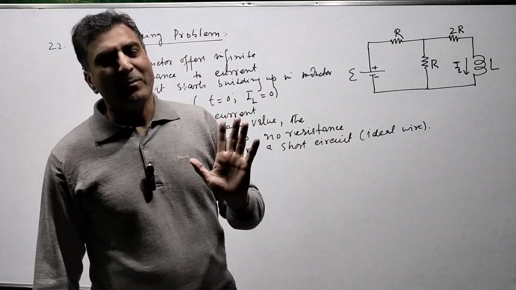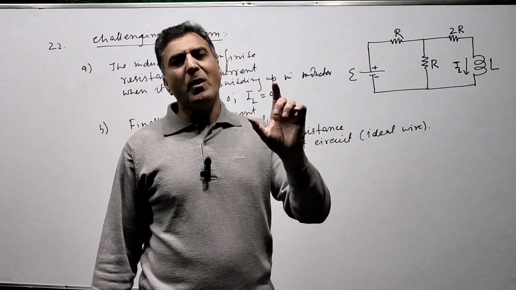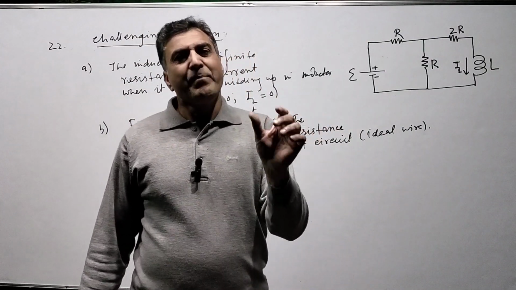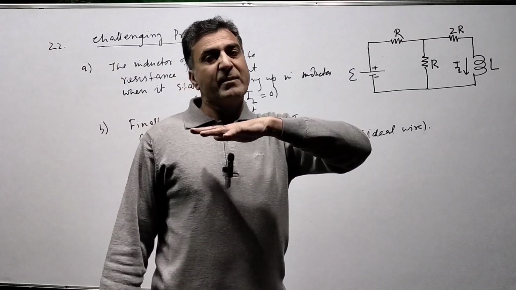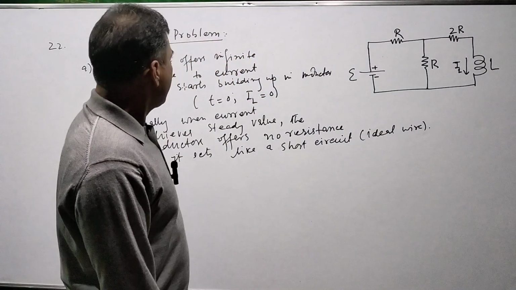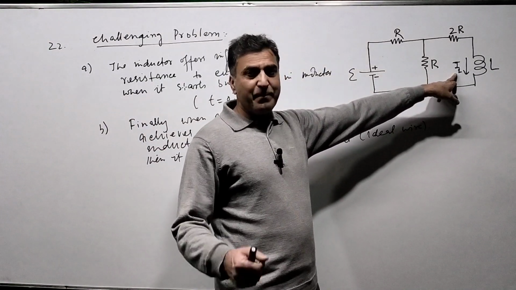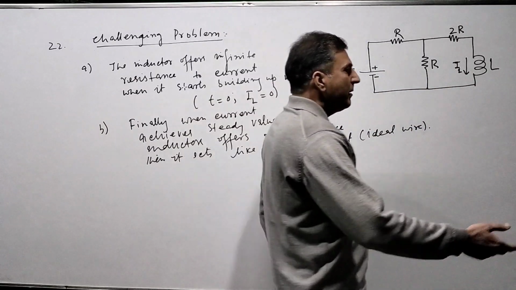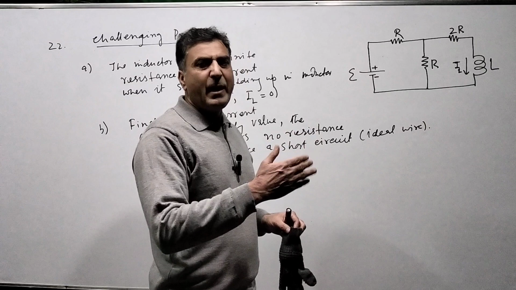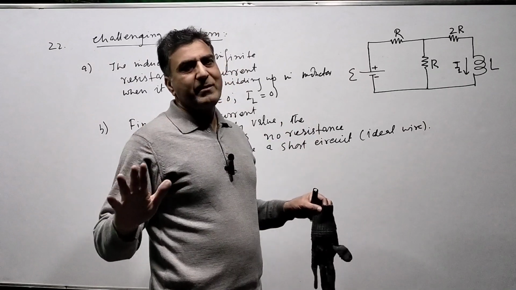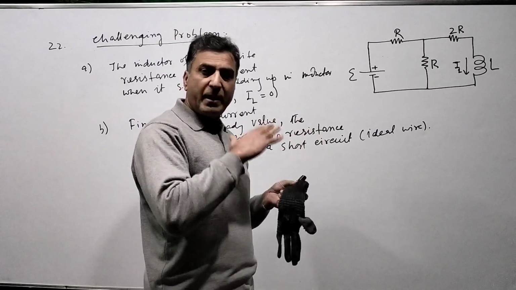It is an ideal wire, which tends to 0, because every wire has a very, very small resistance. Now I have to find this IL as a function of time. Obviously, what we have learned is that initial current is 0 and final current is maximum and constant. That is, we know two extreme cases. At t equal to 0, current is 0.